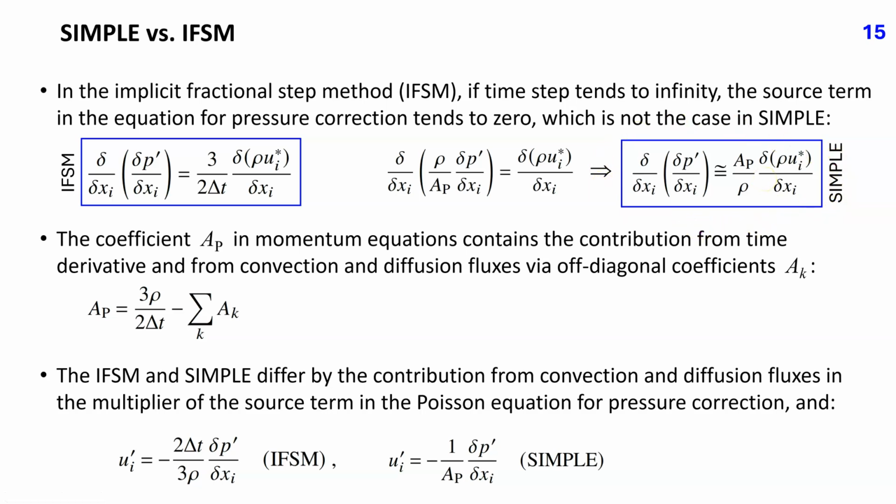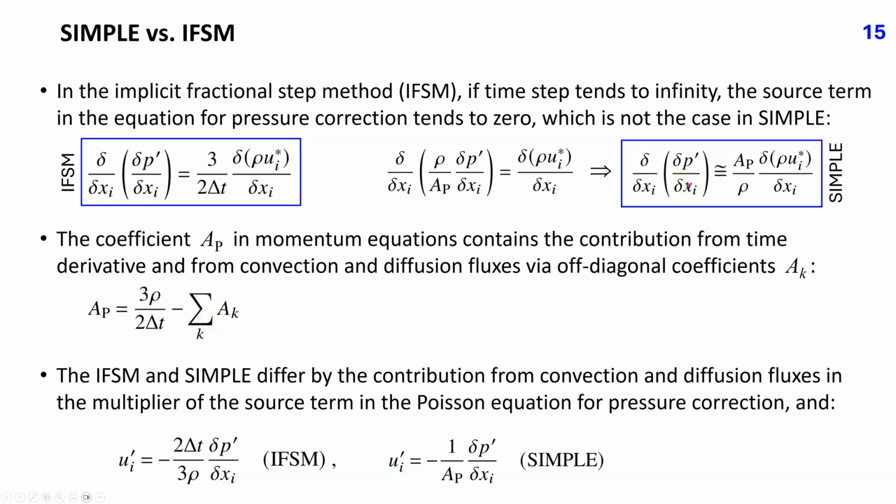The coefficient AP in momentum equations contains the contribution from the time derivative and from convection and diffusion fluxes via off-diagonal coefficients AK. It thus has a finite value even for an infinite time step. However, in that case, the under-relaxation must be applied as shown in slide 13.